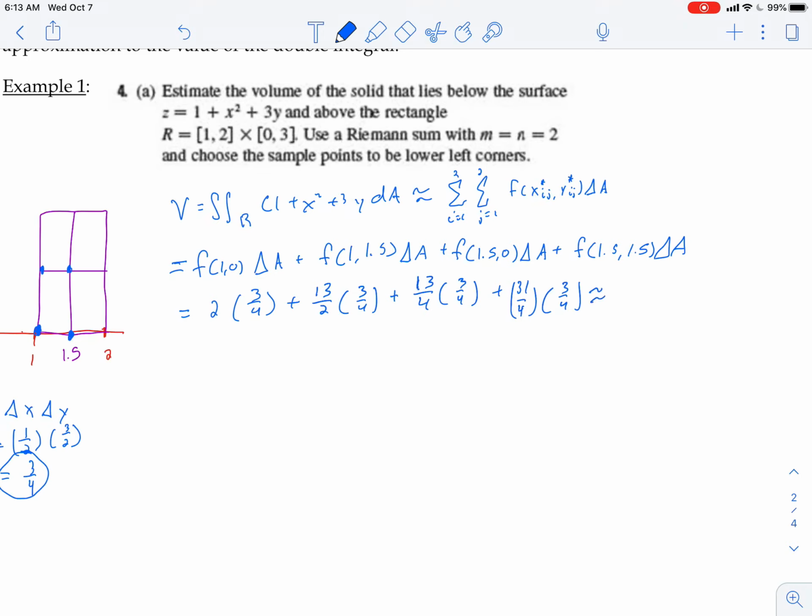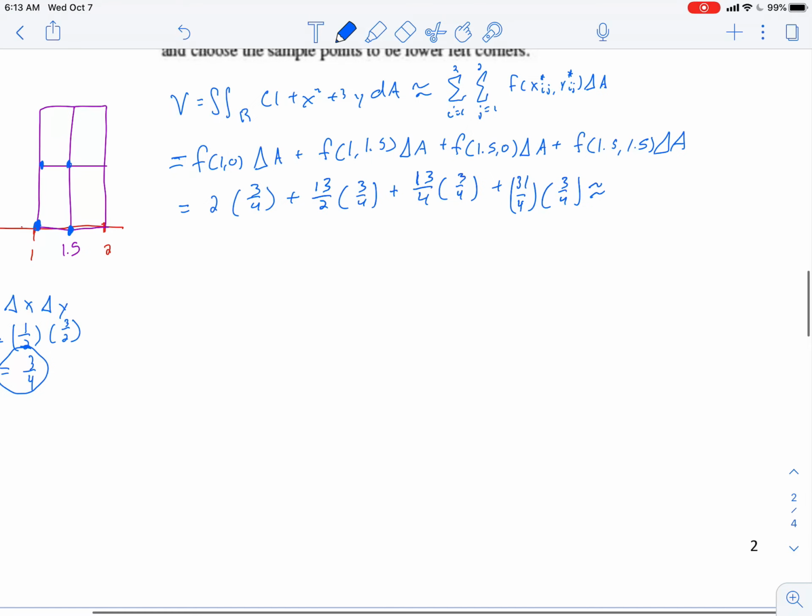Alright, and so we go ahead and do all the math there. We get 117/8, or 14.625. And there's our answer.